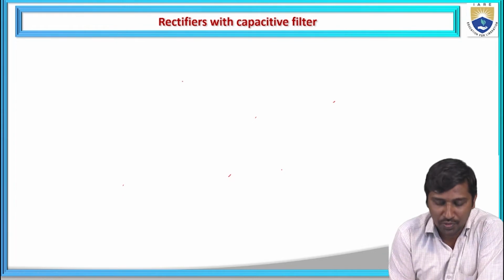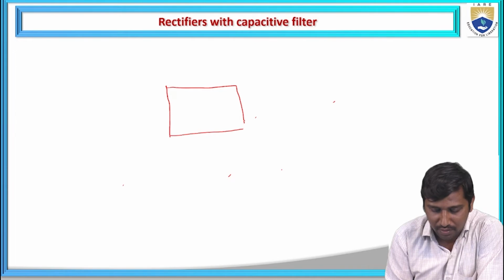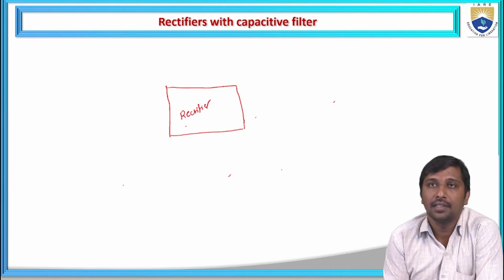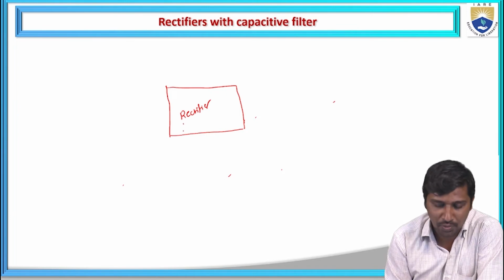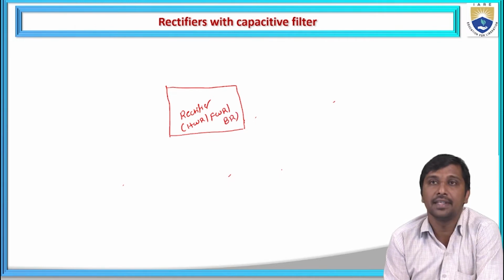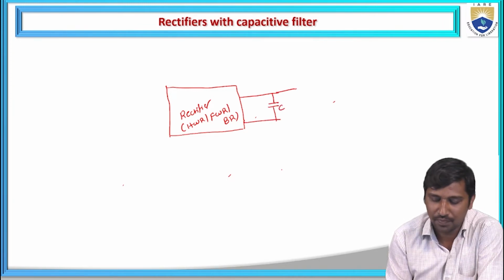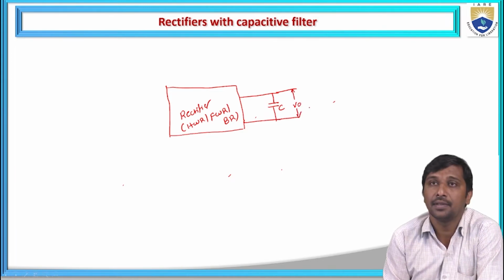If you want to observe this rectifier concept, you can consider any rectifier circuit. So here I'm going to take this as a rectifier. In the place of this one, you can use either a half-wave rectifier, a full-wave rectifier, or a bridge rectifier. This output is passing through a capacitive element. Let's take this as C, and now we are going to observe this output voltage.